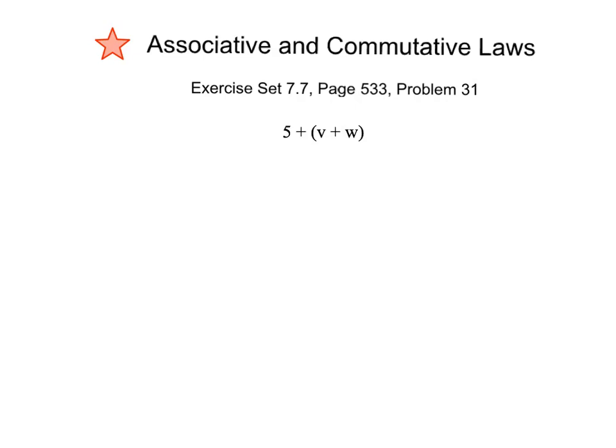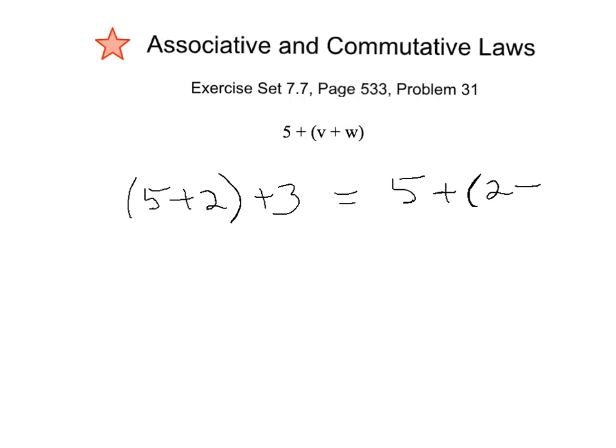So let's look at the associative law first. The associative law is about groupings or associations. What it's saying, in a nutshell, is that when you're looking at an expression that involves addition, the associative law states that (5 + 2) + 3 can be rewritten as 5 + (2 + 3).